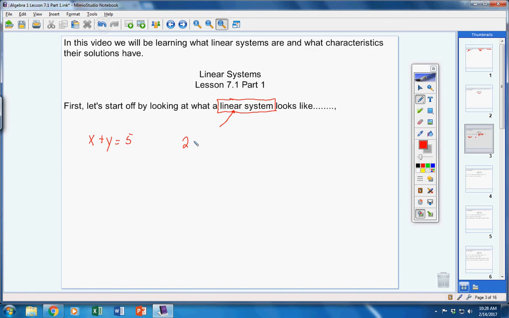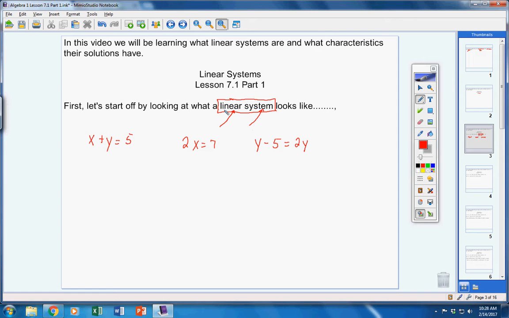This would be a linear equation. Because both of your y's have a power of 1, here your x has a power of 1. So a linear system, first of all, has linear equations, and now the word system.